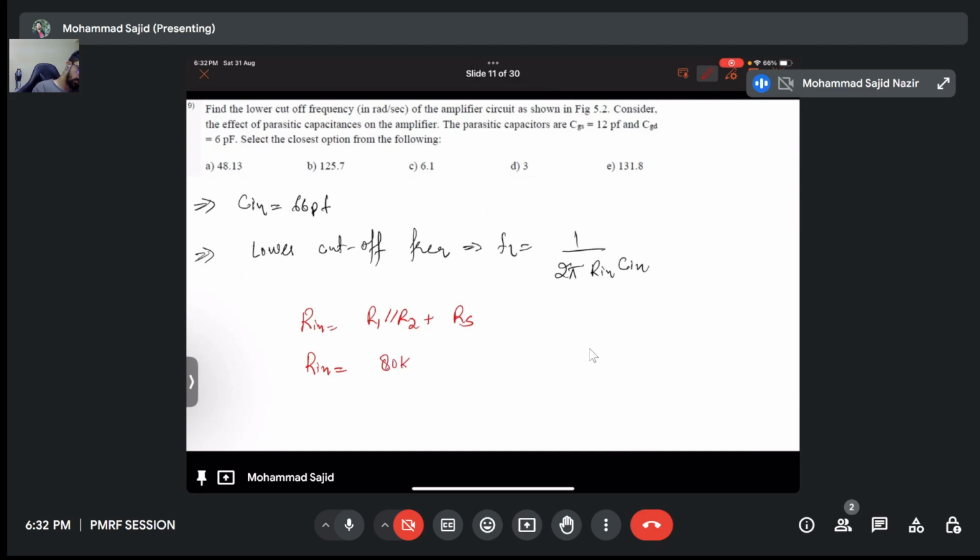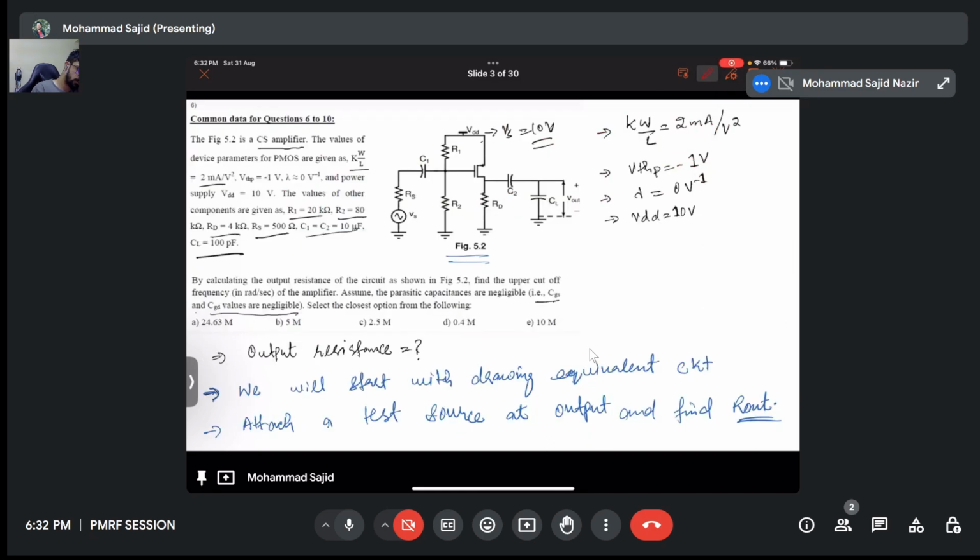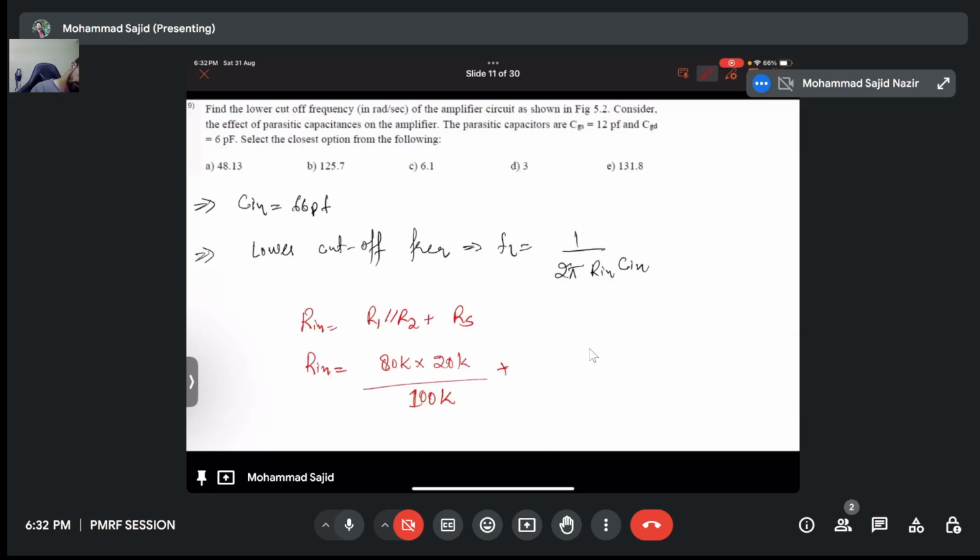R1 parallel R2 is 80 kilo ohm parallel 20 kilo ohm, 1600 by 100K, so it will be 16K, plus the series resistance of 0.5K, which is 16.5K.